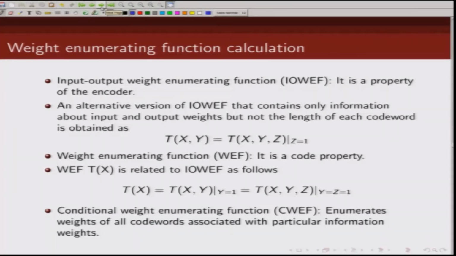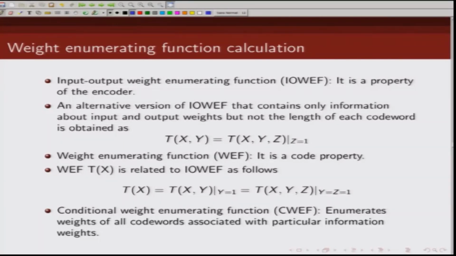Similarly, we can define what is known as the conditional weight enumerating function. So, what is the conditional weight enumerating function? It enumerates the weights of all code words associated with a particular information weight.